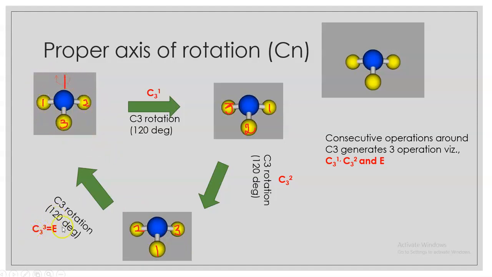So, C3-3 is identity. So, on seeing this example, we can understand that you are able to generate 3 operations out of a C3 rotational axis. Those operations are C3-1, C3-2 and E.